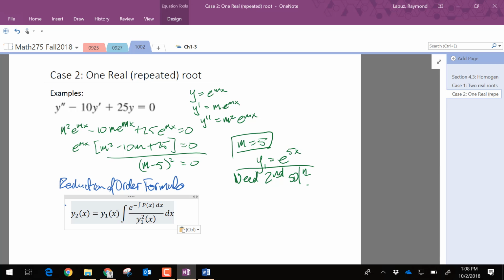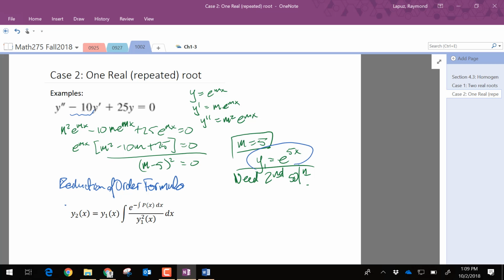So we identify a couple of things. We need to identify the y1. Oh, we got y1 over here. We need the p. If your second order differential equation is written in standard form, the y double prime doesn't have any coefficients aside from 1.